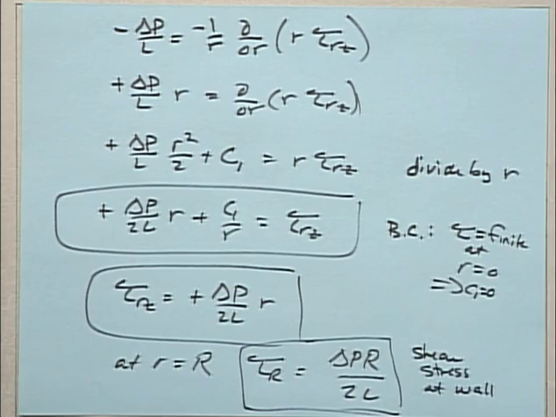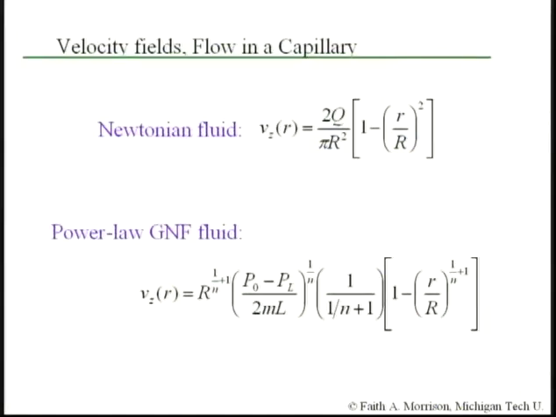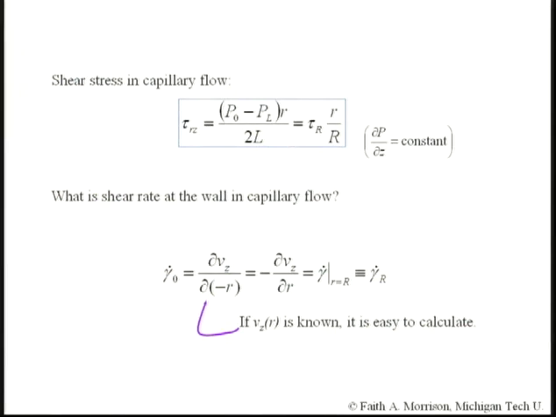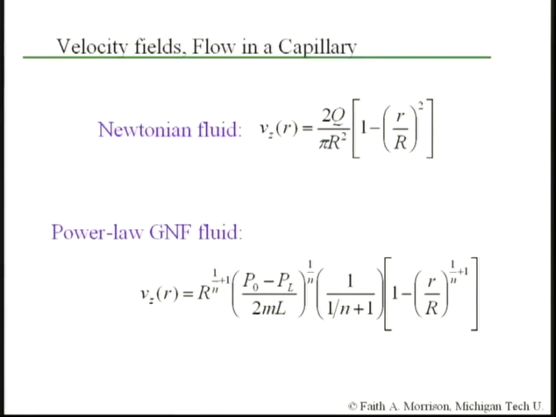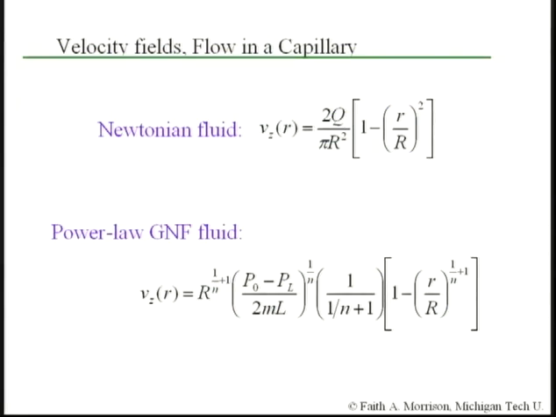So that was easy. If we go back, we have half of what we needed. We now need the shear rate at the wall. This is a little bit more difficult. The shear rate at the wall comes from this expression for the velocity. If we knew the velocity, everything would be fine. So for instance, we know the velocity for a Newtonian fluid. Okay, so let's just for practice calculate that.